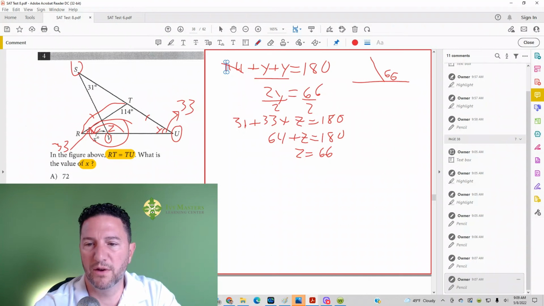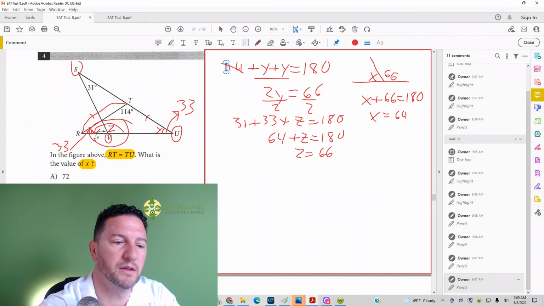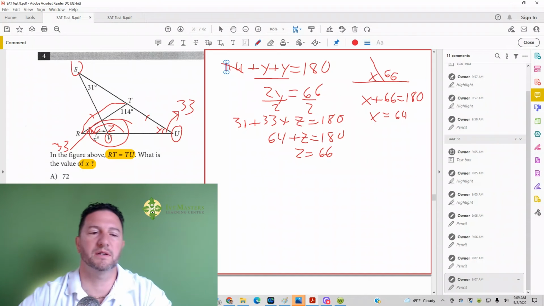And then we could figure out our value of X by doing X plus 66 equals 180. And then when you subtract the 66 from both sides, you get that X equals 64. So your correct answer here is C, 64.